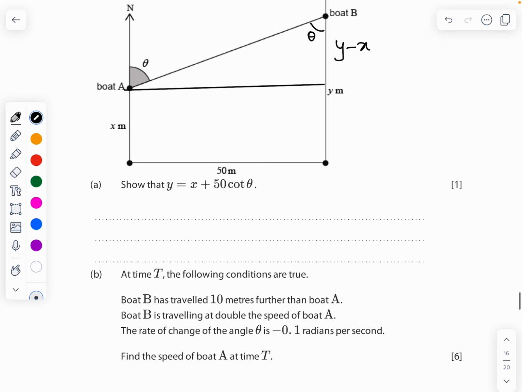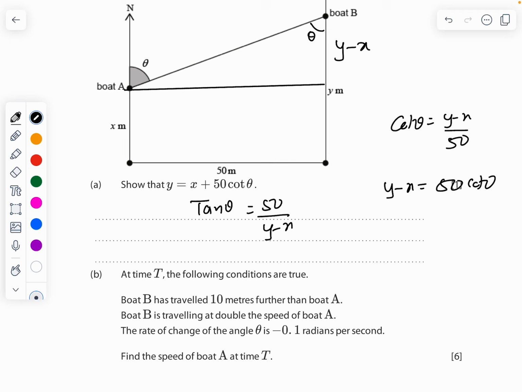I write it out over there, 50 upon y minus x. So cross multiplication, or I want cot theta. So cot theta equals y minus x upon 50. So y minus x equals 50 cot theta. So y equals x plus 50 cot theta.